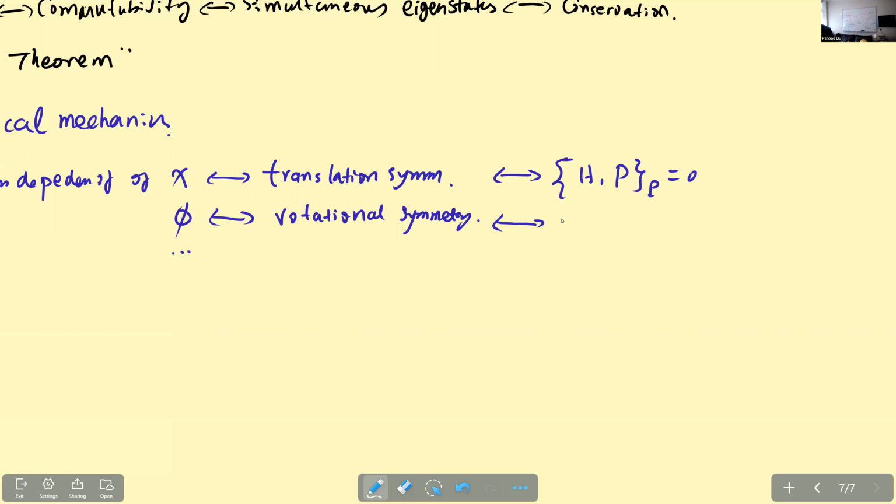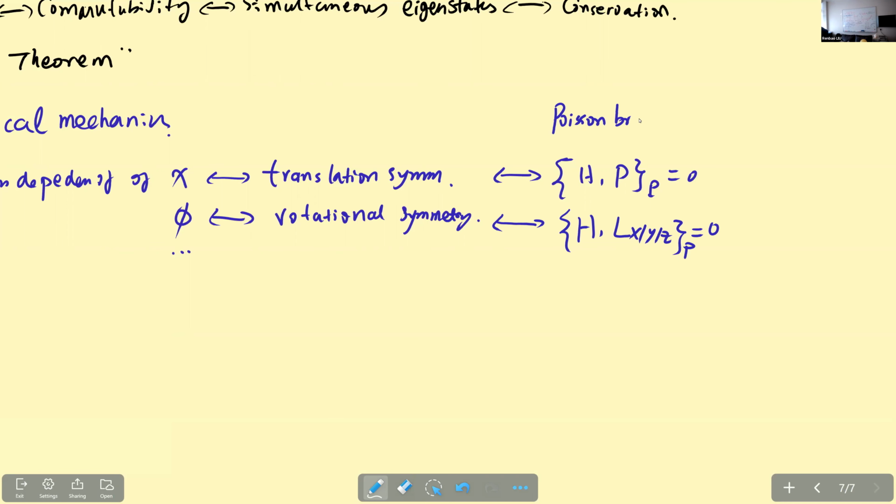And for the rotation symmetry, we know that the Hamiltonian and Lx, Ly, Lz, the angular momentum components, will have a 0 Poisson bracket.